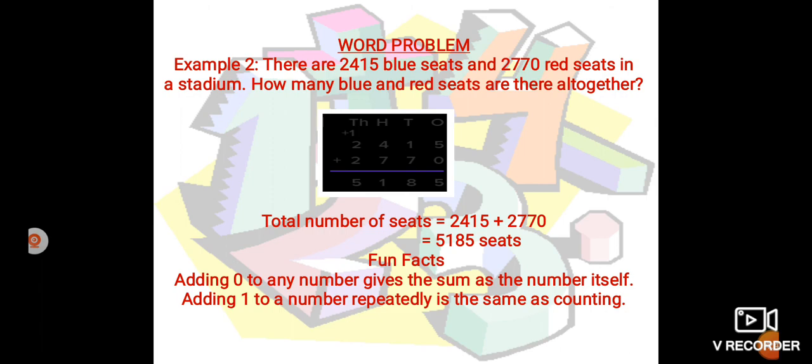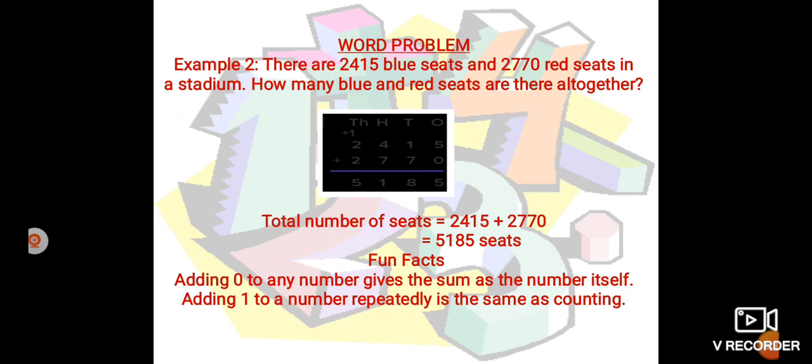Now, 5 plus 0 equals 5. No carry is there, so no carry will be forwarded to the next place. Next, in the tens place, 7 plus 1 equals 8. Again, there is no carry, so nothing will be forwarded to the hundreds place. Here 7 plus 4 equals 11. 11 means 10 plus 1.